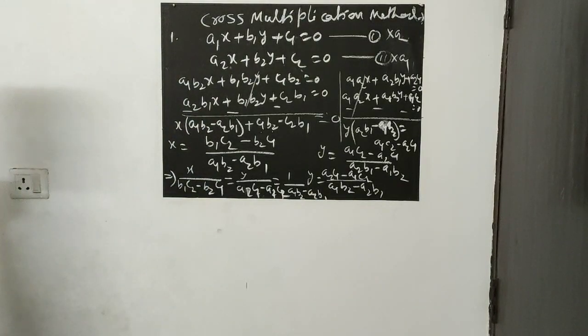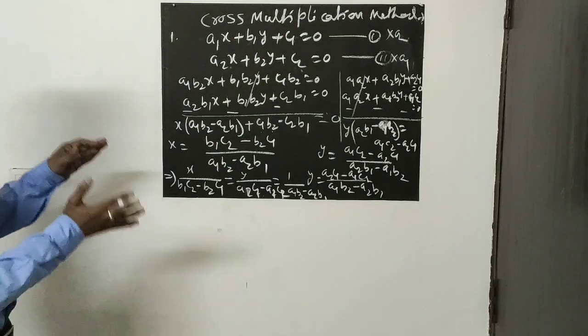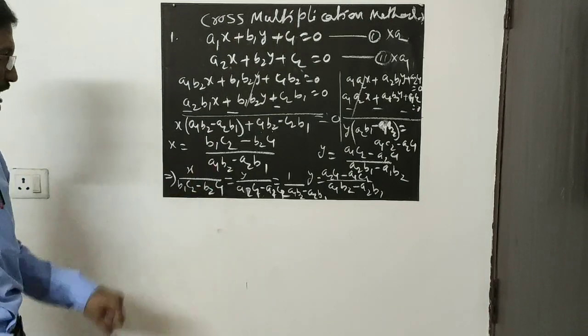This is all in cross order, that's why it is known as cross multiplication. But when you solve, we will not do it like this.